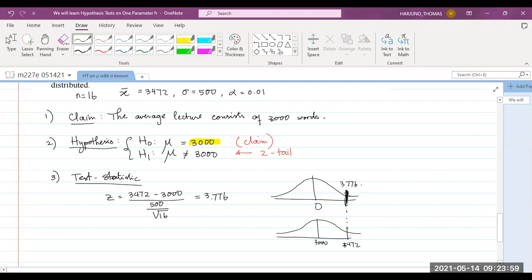Now, what is the probability that you come up with a sample mean of 3,472 or more extreme? That's the p-value.